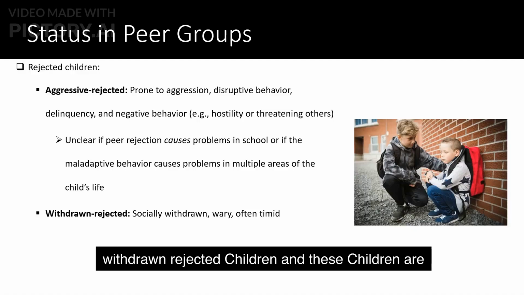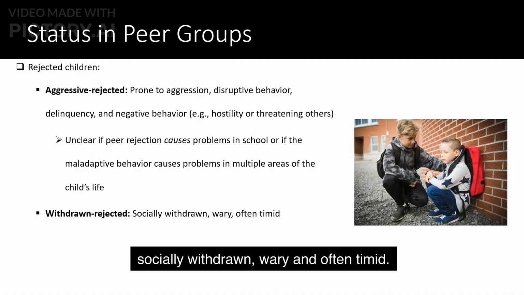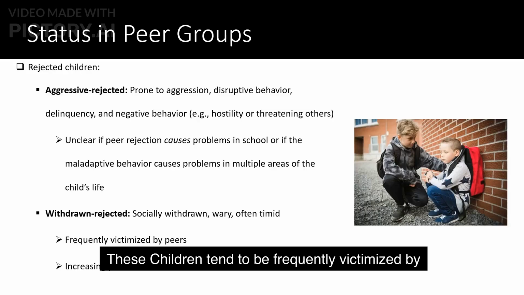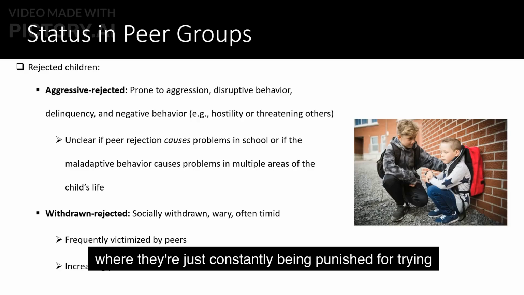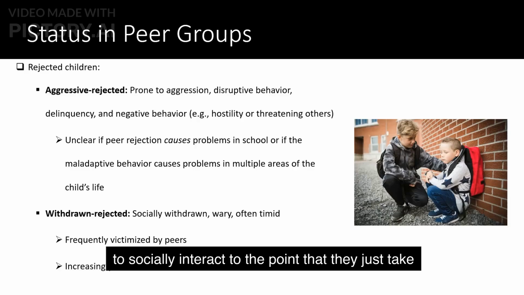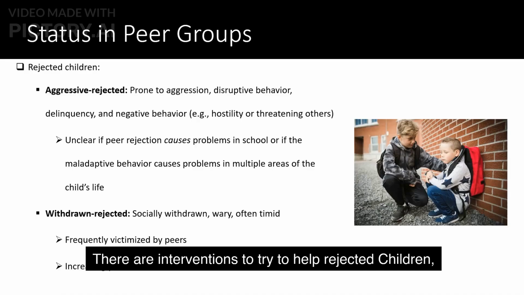Then there are withdrawn rejected children, and these children are socially withdrawn, wary, and often timid. These children tend to be frequently victimized by their peers, and this increases alienation over time, where they are constantly being punished for trying to socially interact to the point that they just take themselves out of social interactions completely.